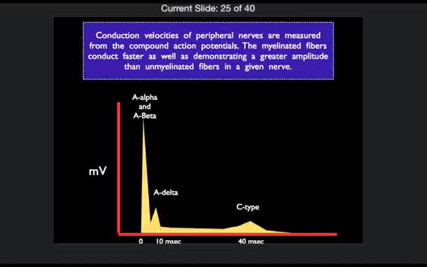This one would be involved with pain. C is involved with the burning portion of pain, and A delta is the sharp aspect of pain. And you see that these are very, very close together.